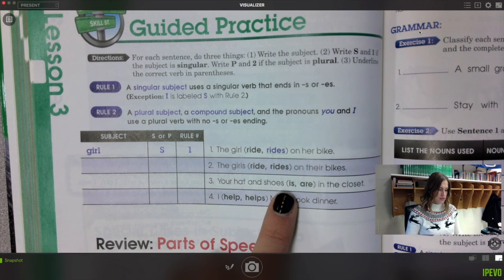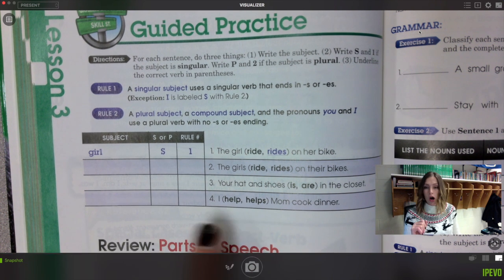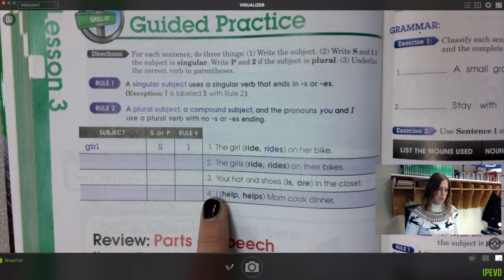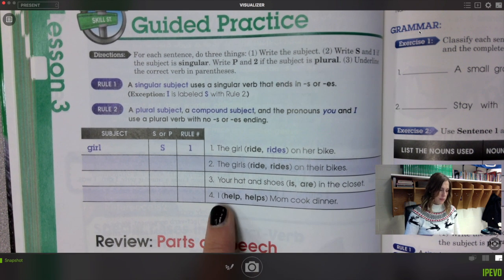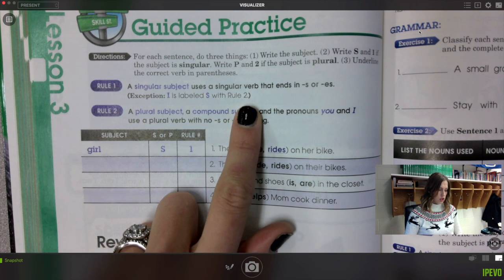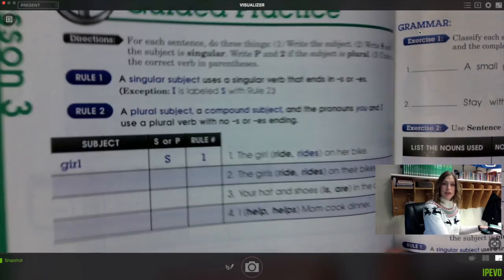Hat and shoes is a compound subject, right? Hat and shoes are in the closet. I help Mom cook dinner. Help, remember, is labeled S with rule 2. Okay? We'll go over that in our classroom practice today.